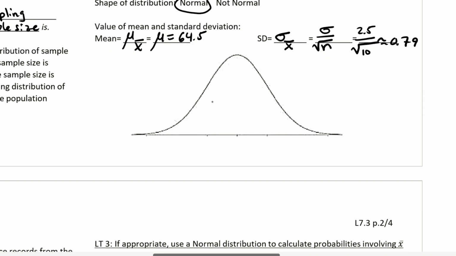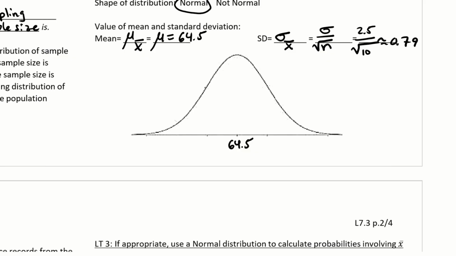All right, so let's go ahead and label this graph. When we label the graph, we're going to start with the middle, 64.5. Right, so we got 64.5, and we're going to add 0.79 to it to get the other numbers.